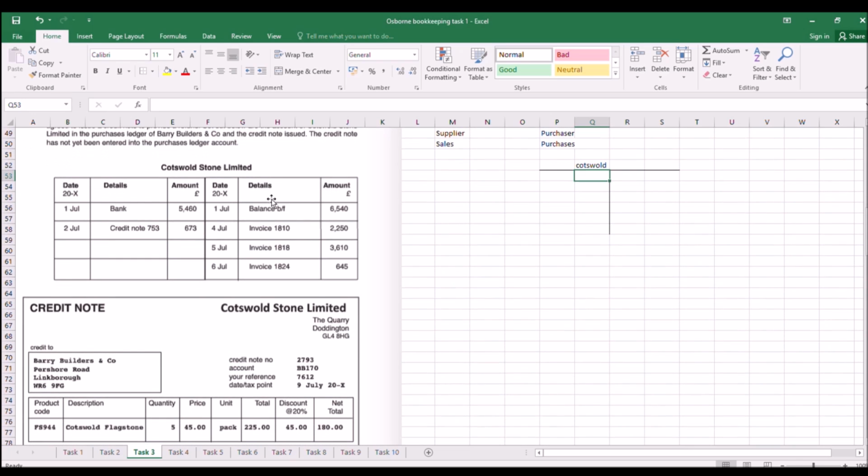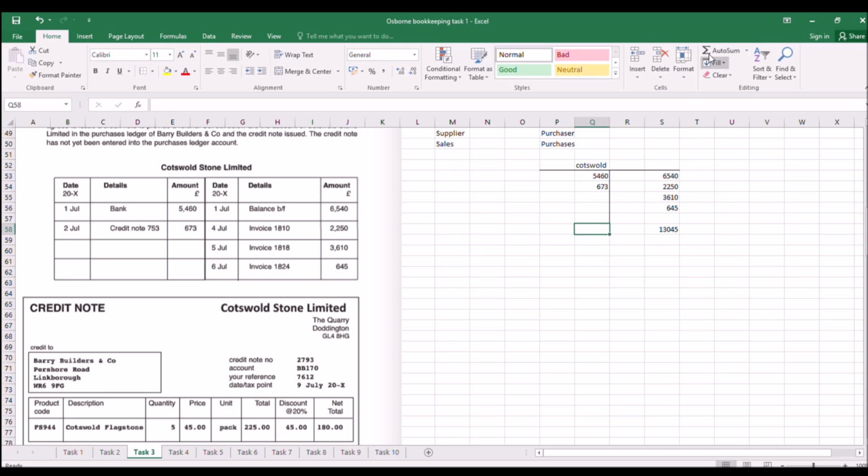Credit note's not yet been issued. So the credit note here is going to come in. So we've got this amount here. So let's work out what our position is before we got this thing coming in. 2250, 2610, 645. Okay. And then we've got 456, 673.